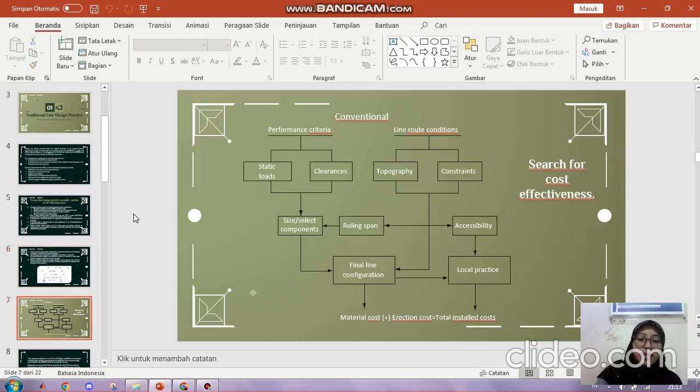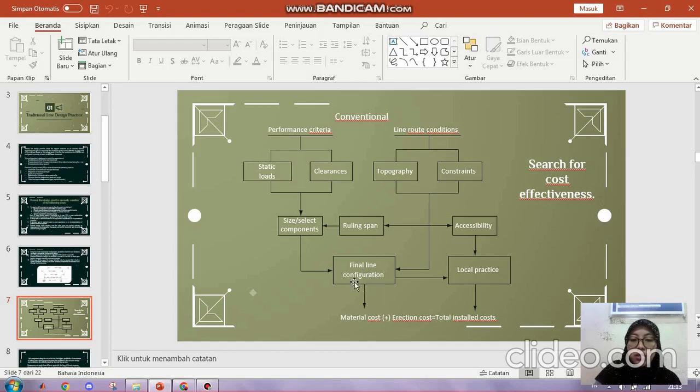Okay, this is the search for cost effectiveness of the conventional approach. This is the left: performance criteria, and then the right: line route conditions. The performance criteria lead to static loads and clearances, then to sizing or selecting components, then to the final line configuration, and to material costs.